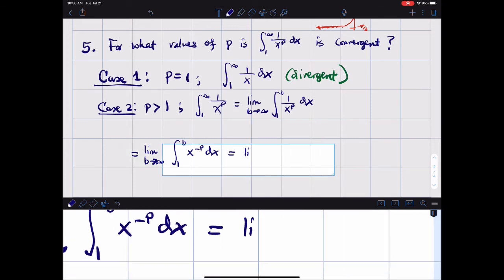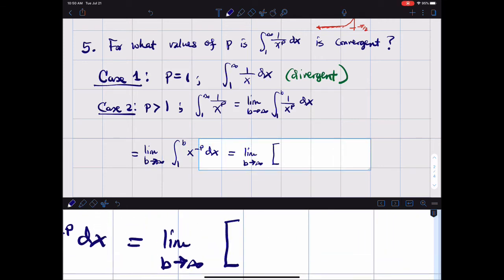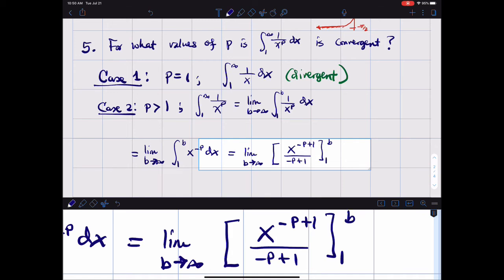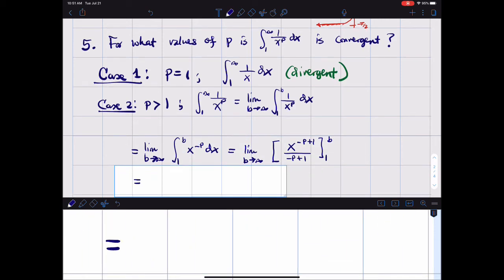So this is the limit as b goes to infinity of x to the power of negative p plus 1 over negative p plus 1, right? And then we put 1 here, we put b there. Okay, now we're going to substitute b for x.